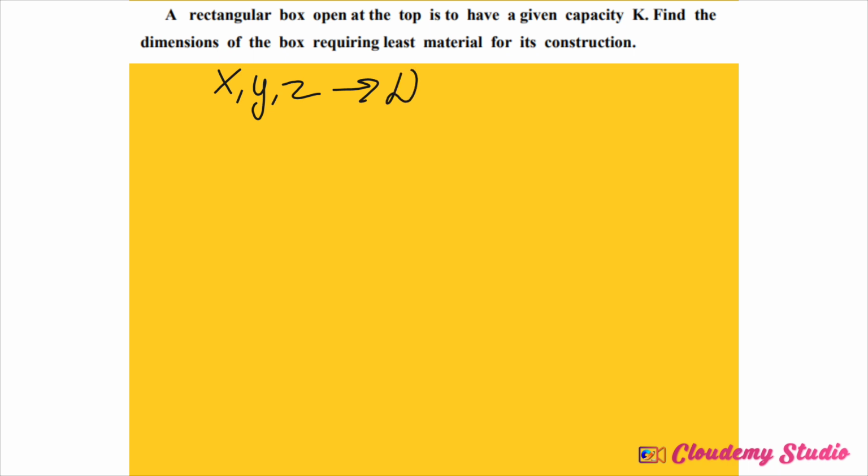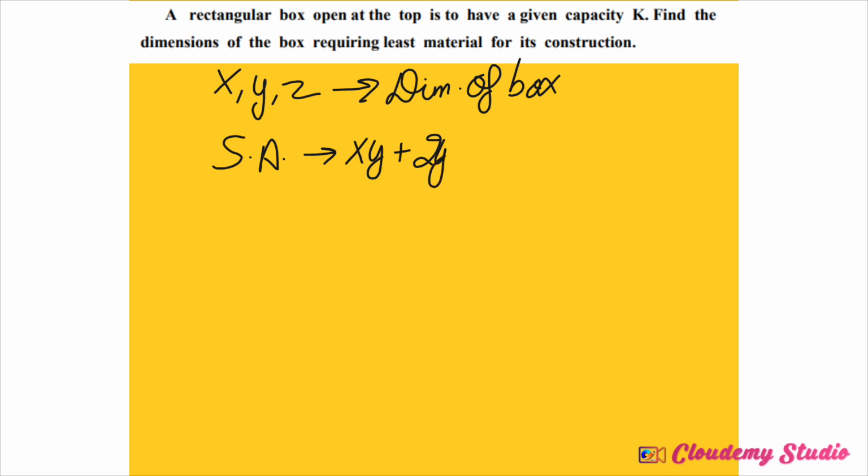The surface area is xy plus 2yz plus 2zx, and the volume is xyz, which is given to us as k.